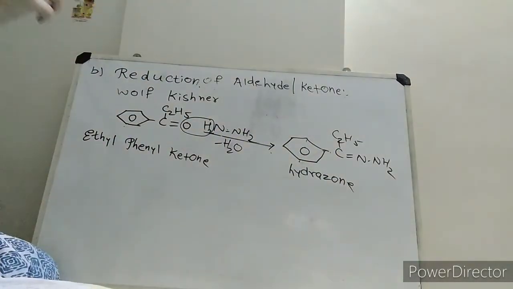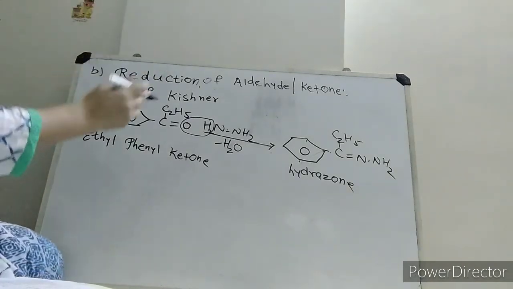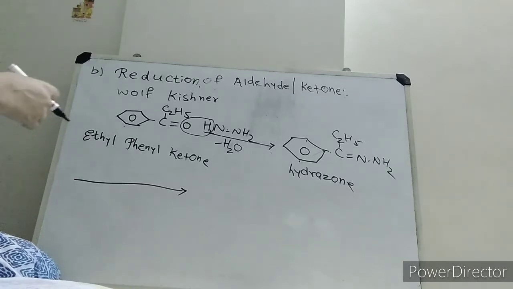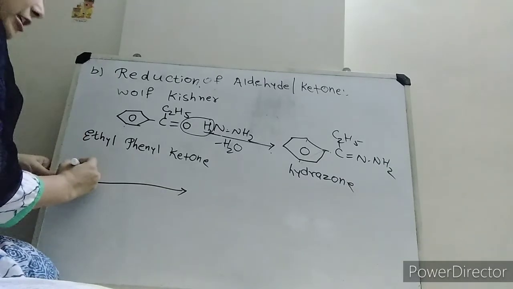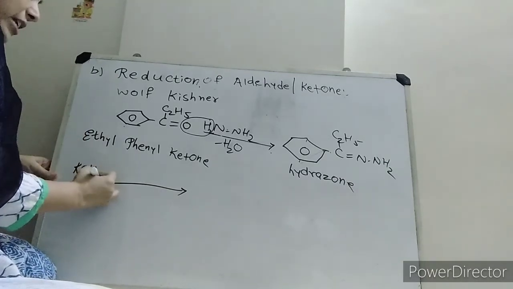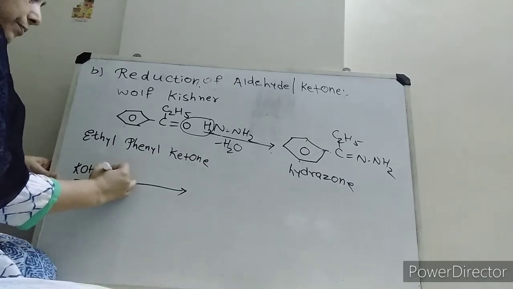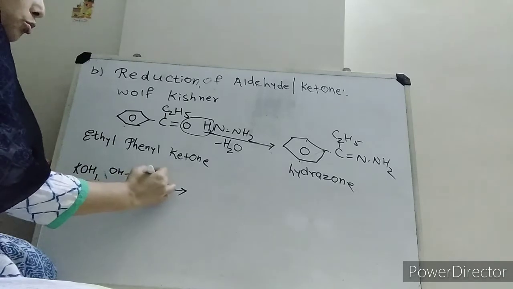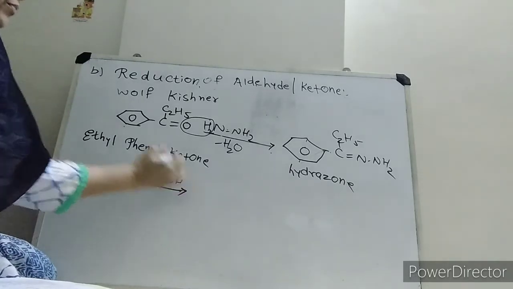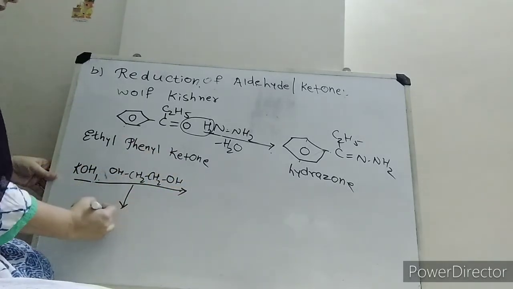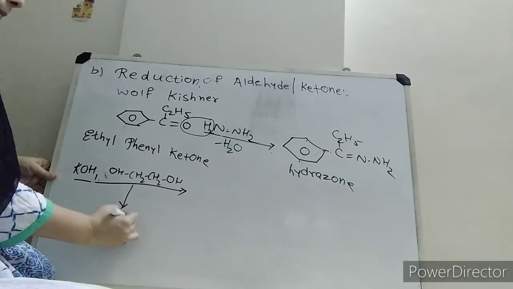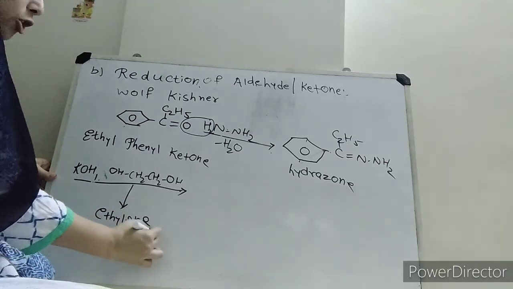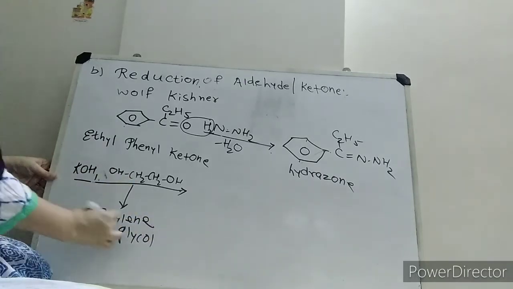When this hydrazone is heated in step number 2 in the presence of KOH and HOCH2CH2OH, known as ethylene glycol, remember this thing, ethylene glycol.